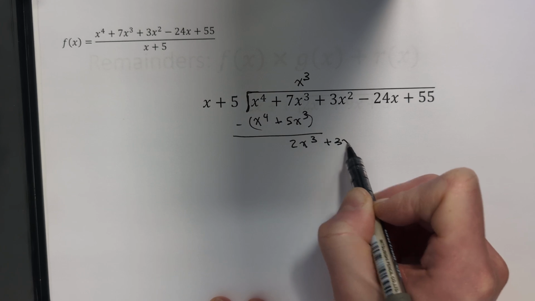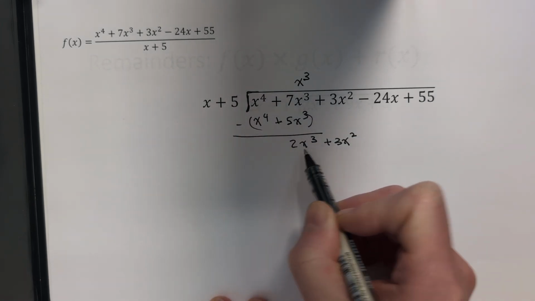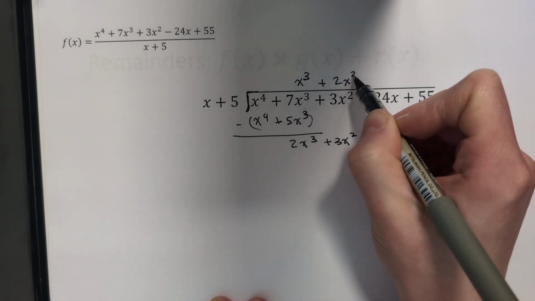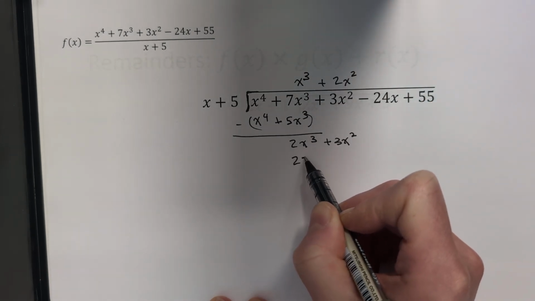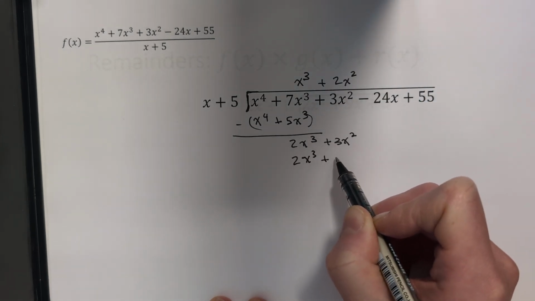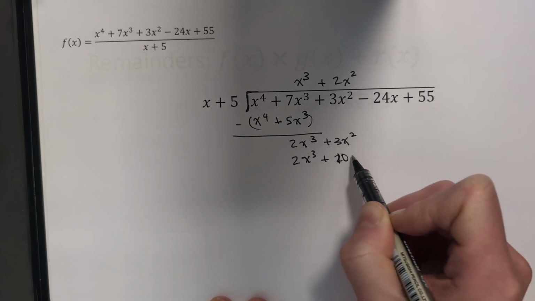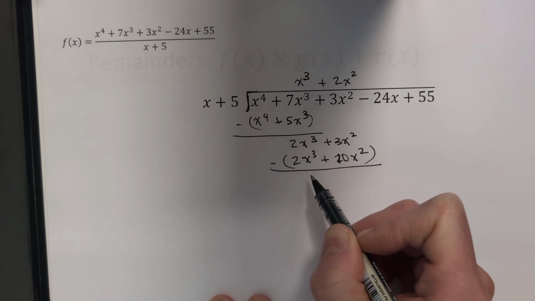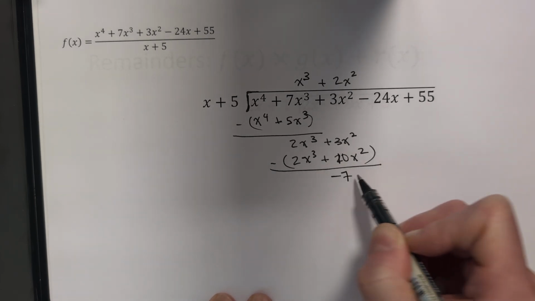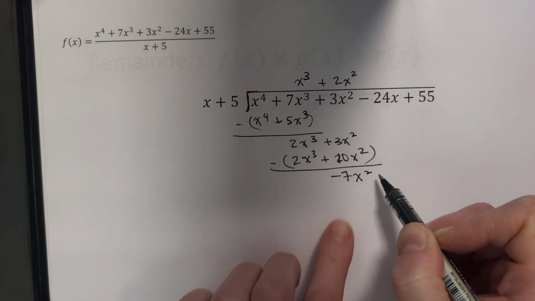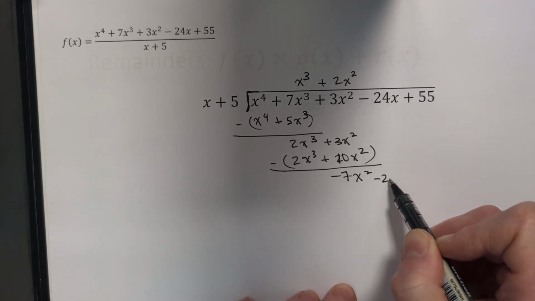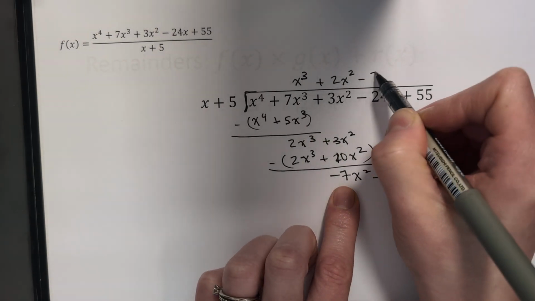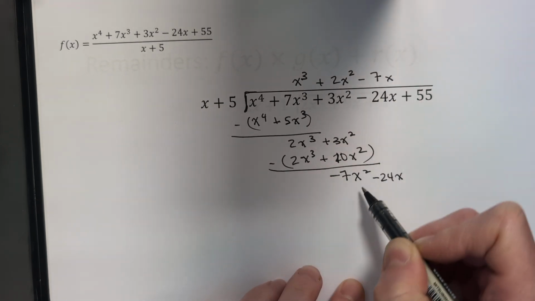Okay, bring down. X goes into 2x cubed, 2x squared times, and then we have 2x cubed plus 10x squared. And then we subtract. Minus 7x squared. And now we can bring down. That goes into this term here, negative 7x times.